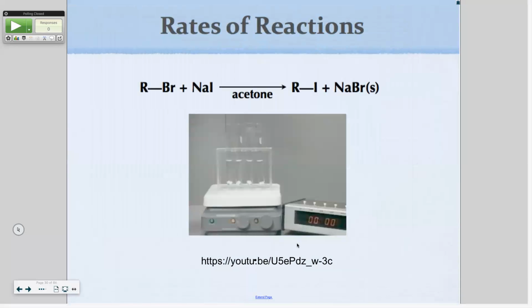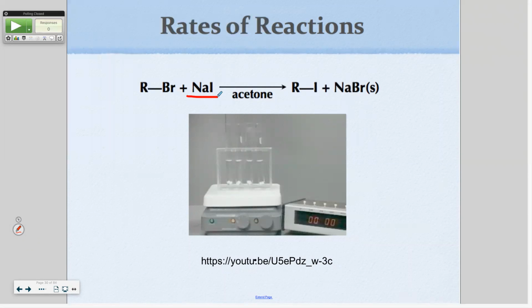Okay, so we took RBr, some alkyl bromide, and we added NaI. And we substituted what for what? What was the reaction? What did we substitute? I and the Br.